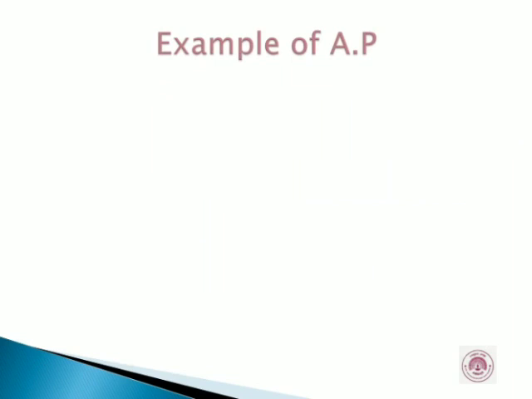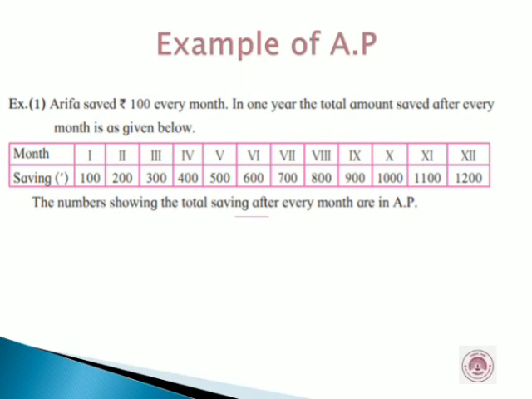Now let us discuss an example of AP. Arifa saved ₹100 every month. In 1 year, the total amount saved after every month is as given below. That is, each month she is saving ₹100. So, first month saving is 100.